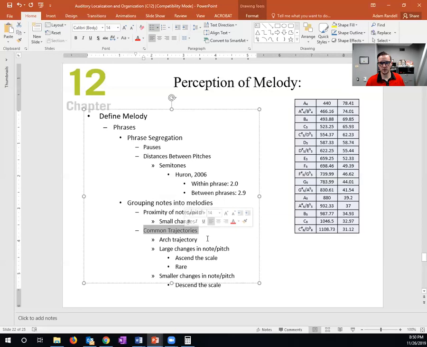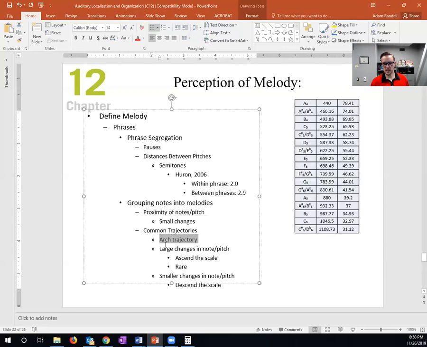For example, we have these arch trajectories where we start low, go high, and then come back down, in the scale. That is oftentimes identified or integrated together as a phrase.